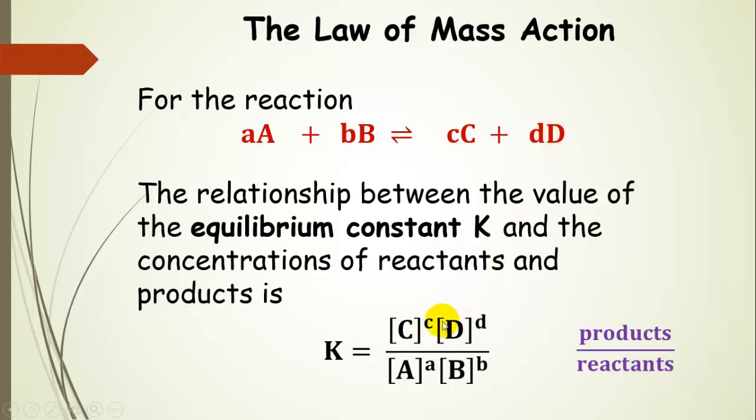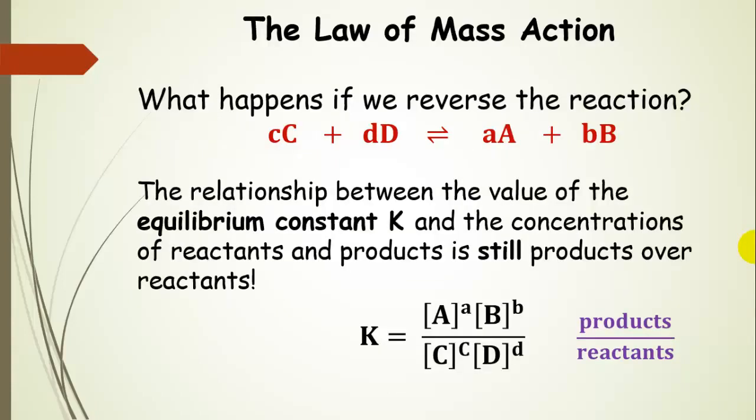Product D raised to the coefficient d power. And that's going to be divided by, in the denominator, reactant A to the a power, reactant B to the b power. So it's always products over reactants, and each product or reactant is raised to the power of its coefficient. So that is called the equilibrium constant expression, and that is the law of mass action.